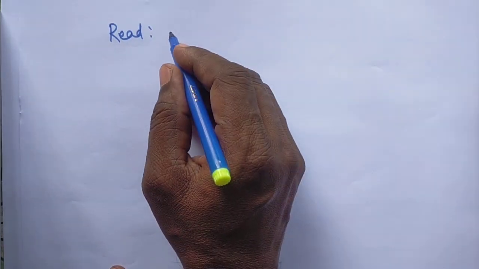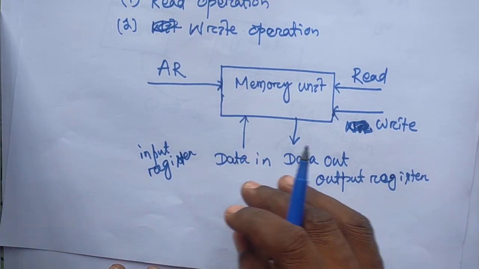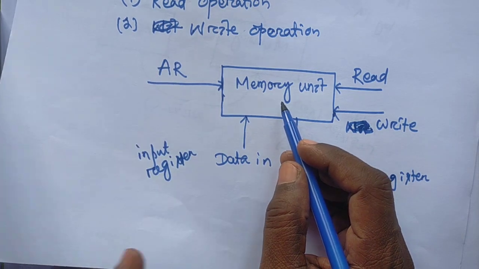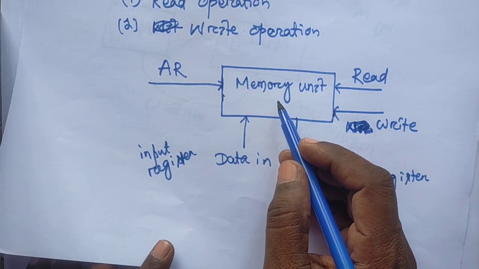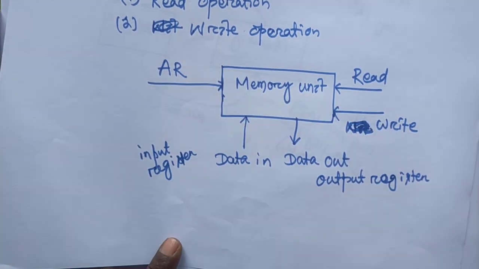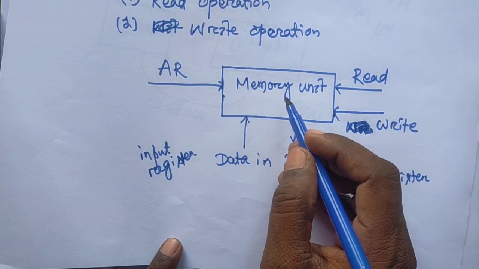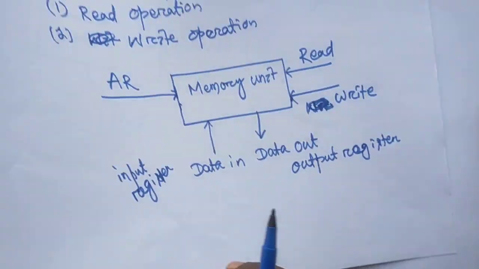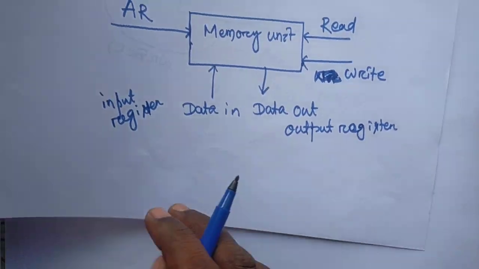Read means what? Read data means memory to data register. Memory to data register means data is read.